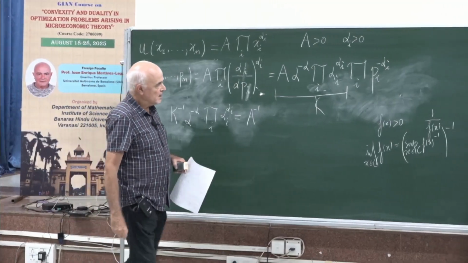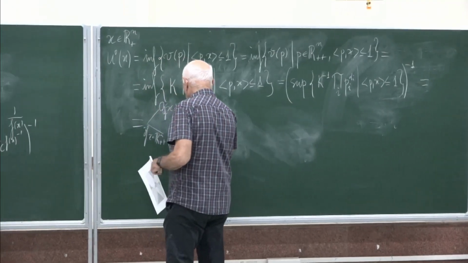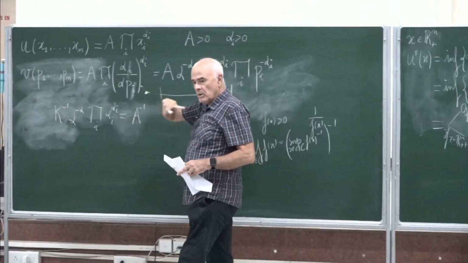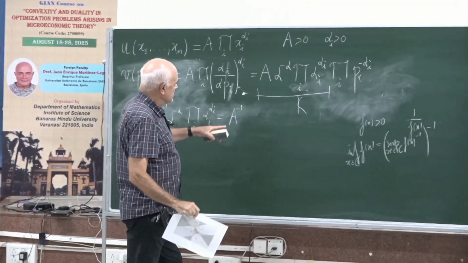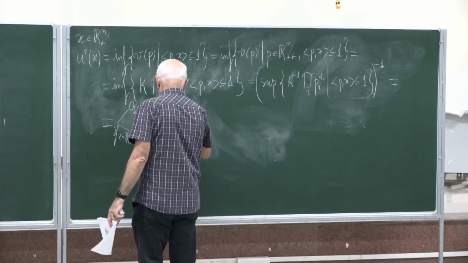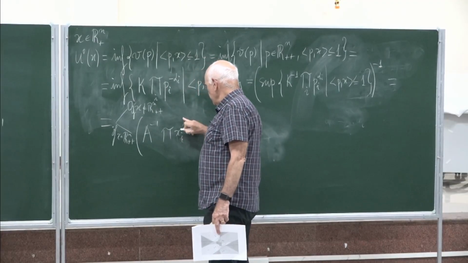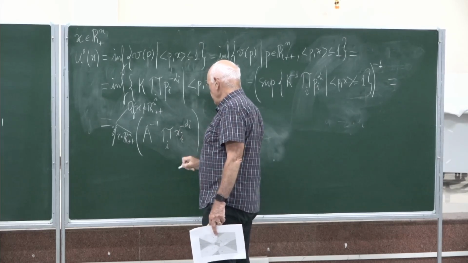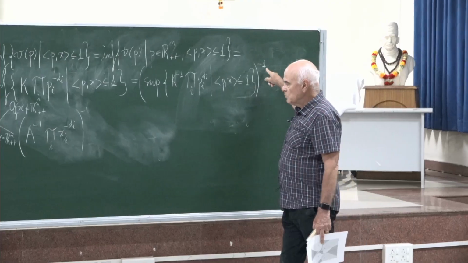Do you agree? So all this constant in our case reduces to a to the minus 1. And then what else? This product, but now with xi instead of pi, and this is to the power minus 1.